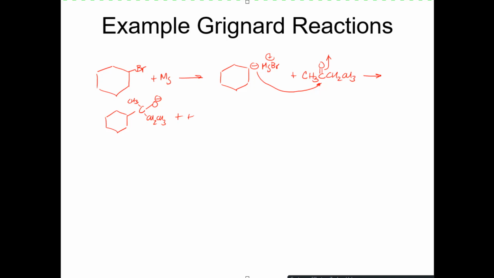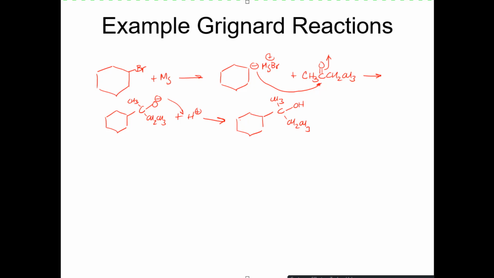And then you would add H plus to this, and you would end up then forming this alcohol where you have a methyl group, an ethyl group, our cyclohexyl group on that alcohol. So that would be one example of doing a Grignard.